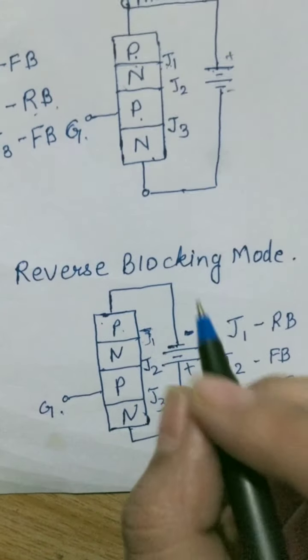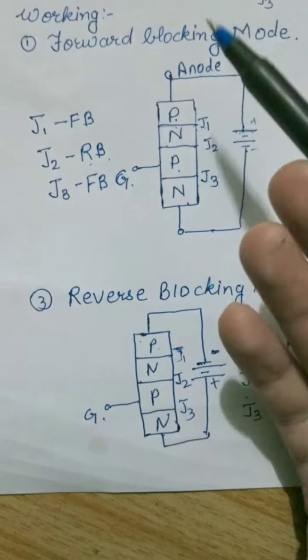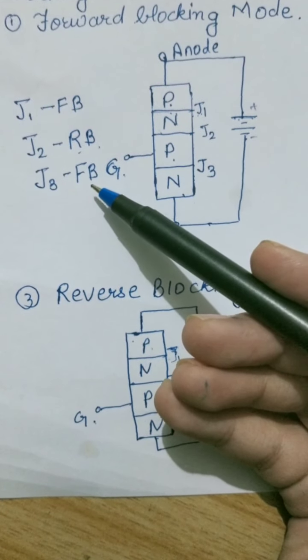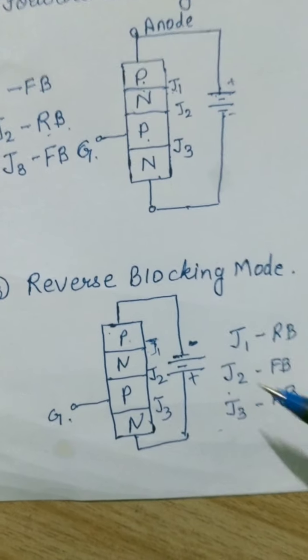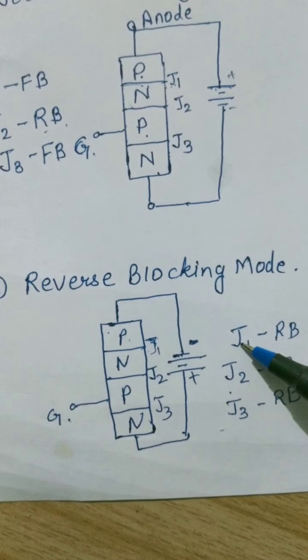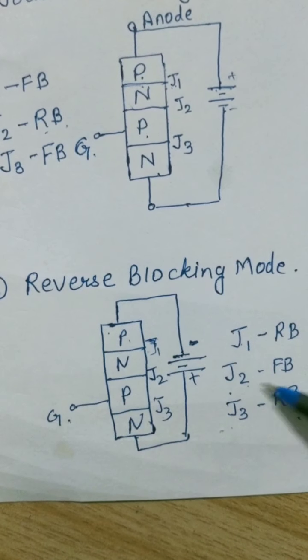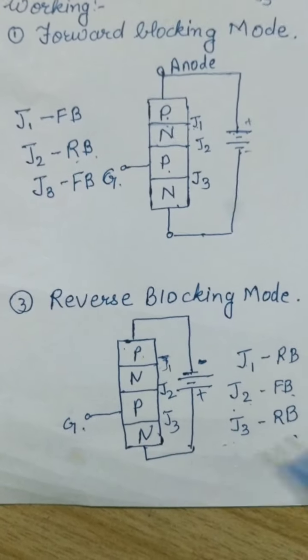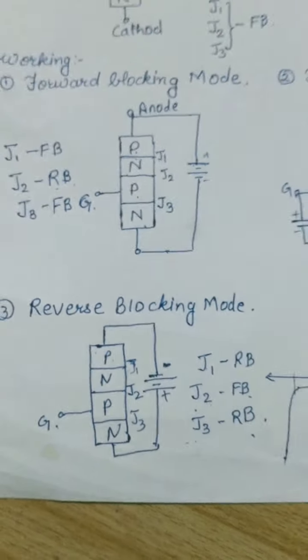Likewise, in the forward blocking mode J1 and J3 were in forward bias. In the same manner, here J1 and J3 are in reverse bias, while J2 is in forward bias. That is the vice versa of the forward blocking mode.